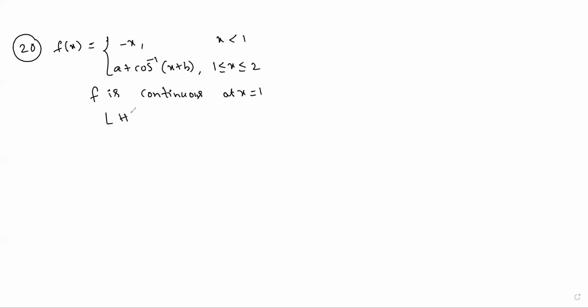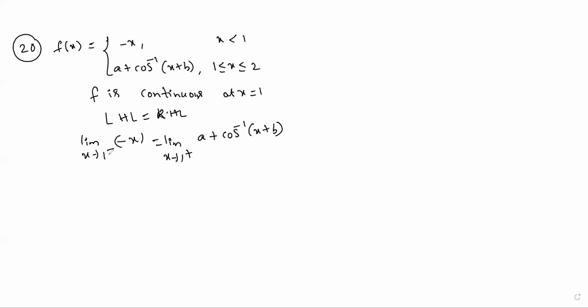First, here LHL equal to RHL I am taking. Limit x tends to 1 minus, less than 1, what is the function? Minus x. Limit x tends to 1 plus, more than 1, what is the function there? A plus cos inverse of (x plus b).